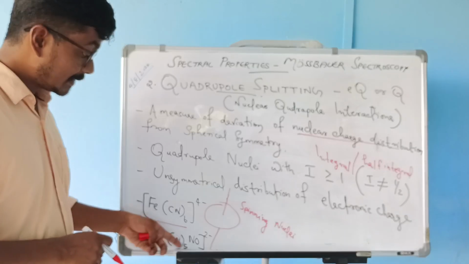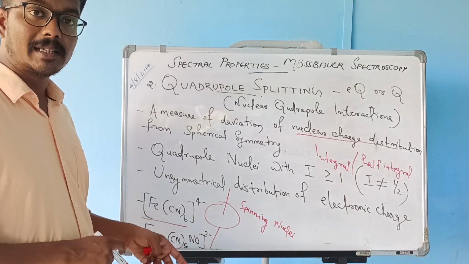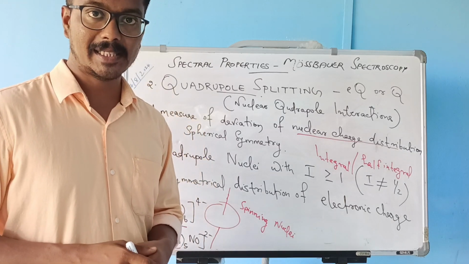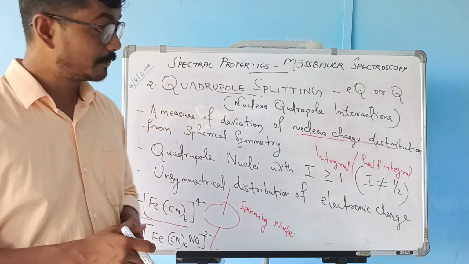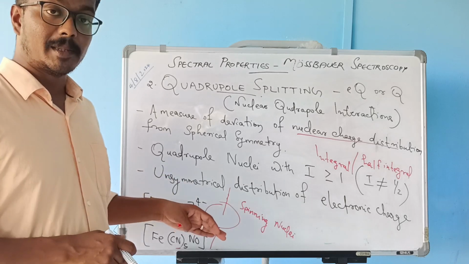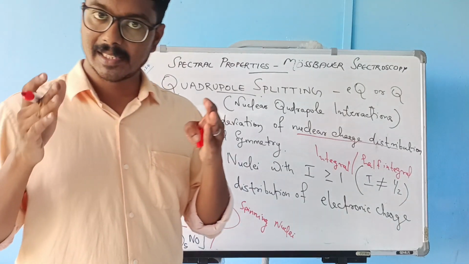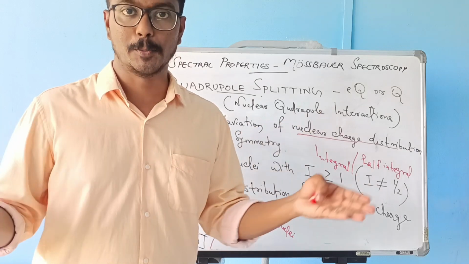This disturbs the symmetrical distribution of electrons around the iron nucleus, and as a result, quadrupole splitting occurs. This quadrupole splitting causes the splitting of the energy levels of the absorbing nuclei into two.